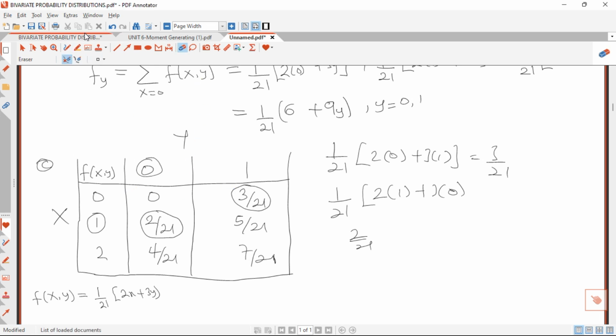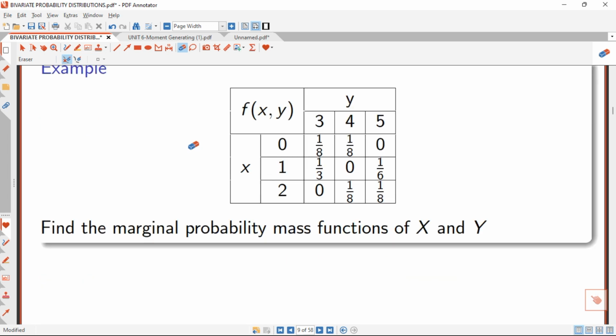And then in some cases too, the table will be given to you, and you will be asked to find the probability mass function for both x and y. When it is given to you, if our x component is at the row section and the y component is at the column section, for us to get the marginal of x, we just add the probabilities at the row total.